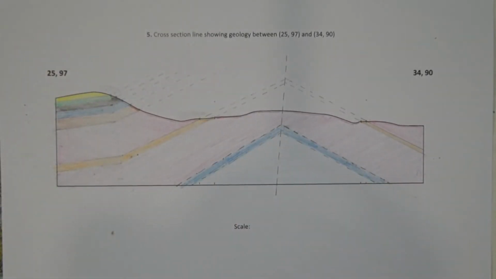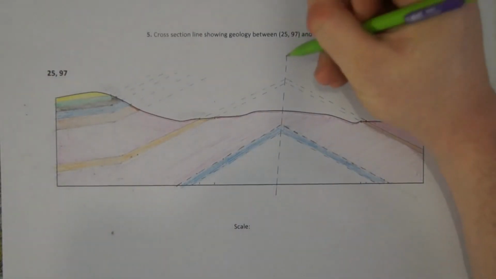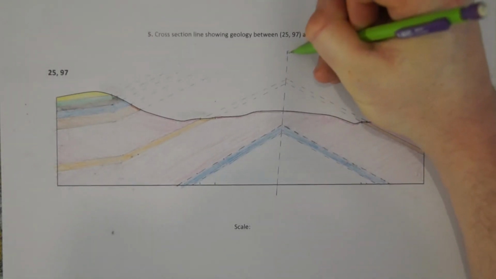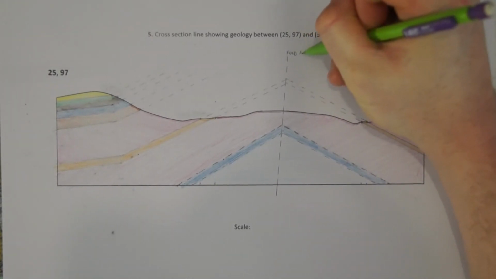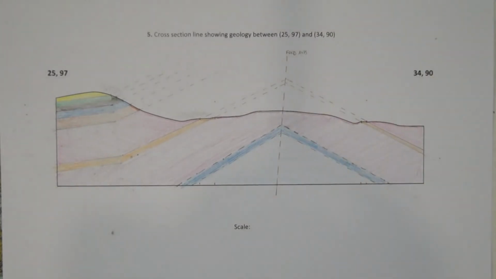And then that's basically our cross section done. If I would just label what this is as my fold axis, then we're pretty much there. At this point we can then go on to our good housekeeping measures and tidy this up and finish everything so that we get all of the information that we need.